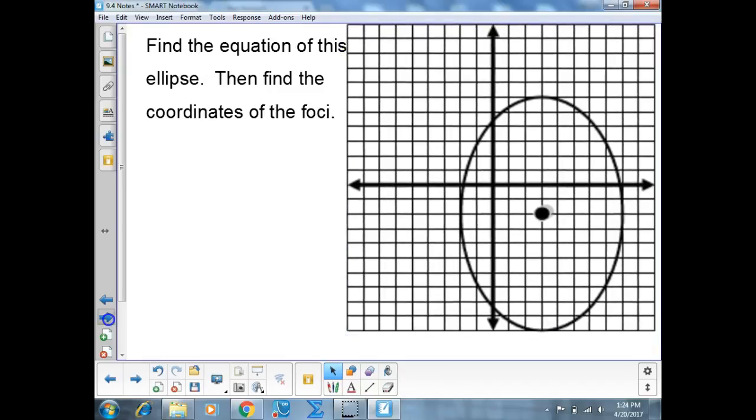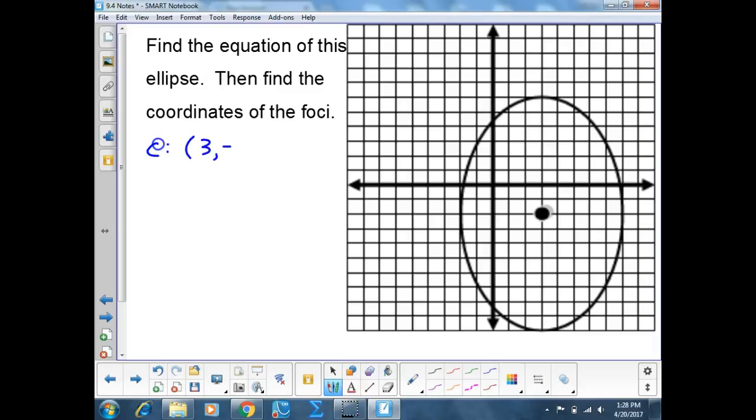Go for it. Find the equation and then find the coordinates of the foci. Okay? So, center: 3 comma negative 2. Under the x squared term, 25, because we're going 1, 2, 3, 4, 5 to get over there.